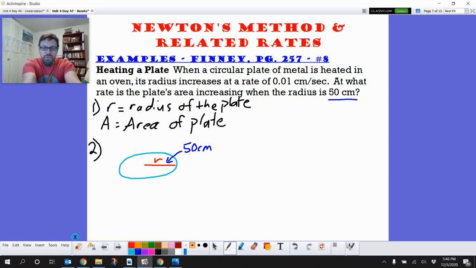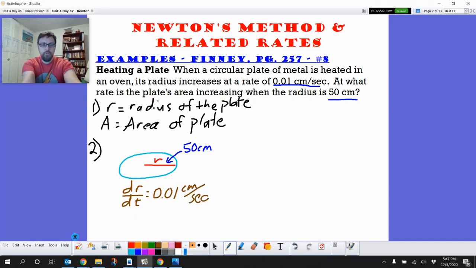And then I also know this particular rate for the radius. So I know that it is a change in radius with respect to time. The change in our radius, as we have a change in time, equals 0.01 centimeters per second.